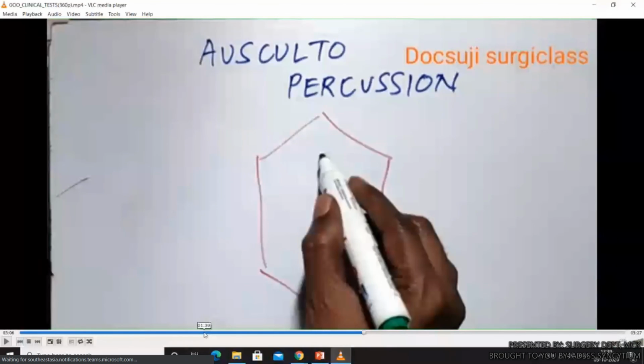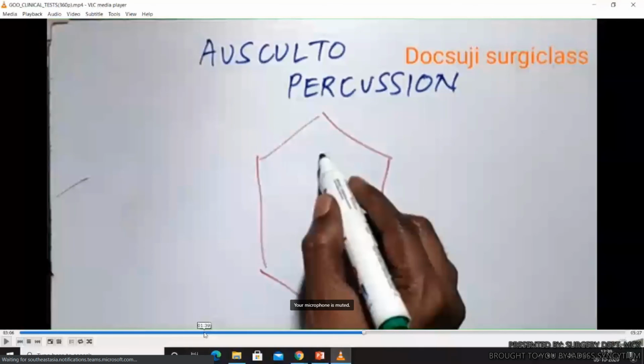Fix it with the two thumbs and move the patient sideways. You will be able to hear the movement of the fluid in the stomach through the stethoscope. This can be heard more properly if you allow the patient to drink some water and do the succussion splash.